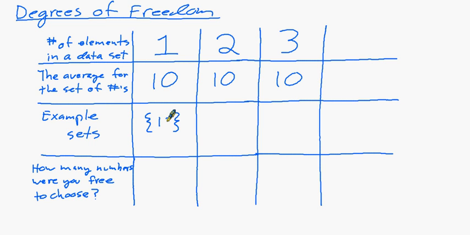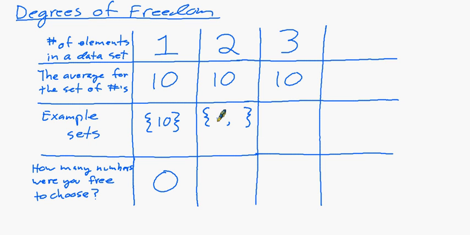So guess what? 10. Did we have much freedom in choosing this number? No. We didn't have any freedom at all in choosing that number. It had to be 10. So down here, how many numbers were we free to choose? We weren't free to choose any numbers. That number had to be 10. We had no choice. But if we come over here and say, well, we have two numbers now.